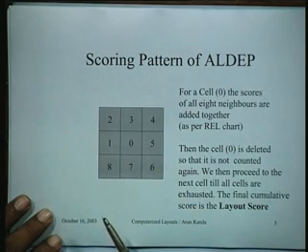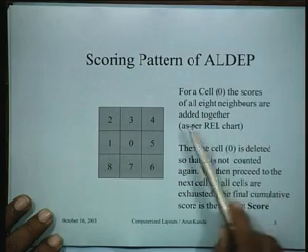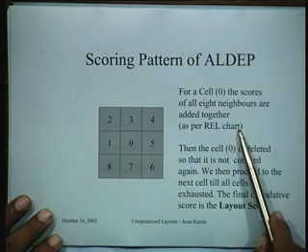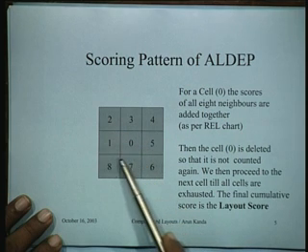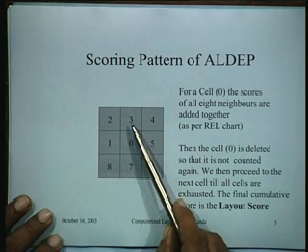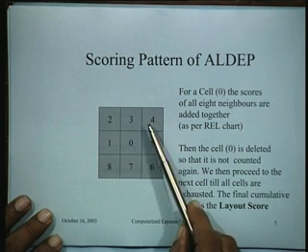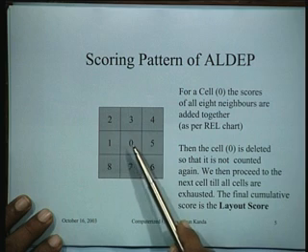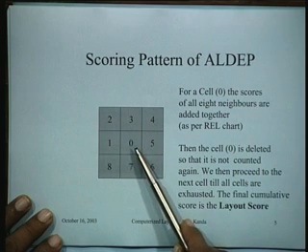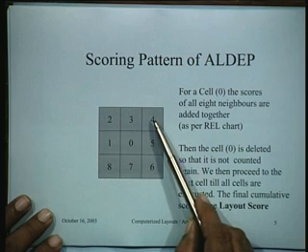So for cell 0, the scores of all the 8 neighbors are added together as per the REL chart, which means if cell 0 belongs to a certain department and this neighbor belongs to the same department, then there is no contribution to the score. But if this particular neighbor belongs to another department which has an A rating with this, then depending upon the value for the A rating, you will have that much score coming out of this interaction.